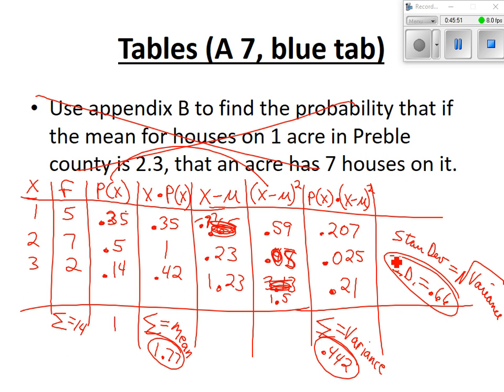Now, what Katie asked is, could we just use our calculator? What do we have to do on our calculator to do this? We have to do the list. So what are we going to put into the list? 1, 2, 3, and then the probabilities in the second list. So we go to Stat, Edit, go to one of your lists.